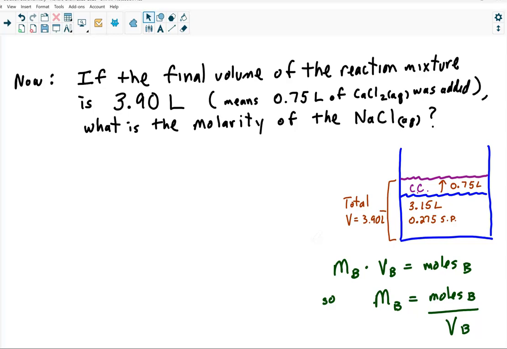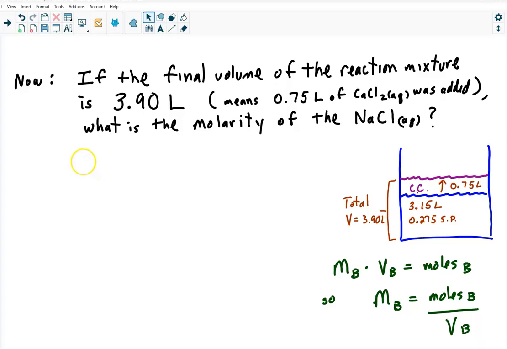Doesn't matter the concentration because we're not worried about that. We're just pretending that that's enough. The volume of my mixture went from 3.15 to 3.90 because both of these are solutions and we put them together. That causes an increase in the volume. So if the final volume of the reaction mixture was 3.90, what is the molarity of the NaCl?